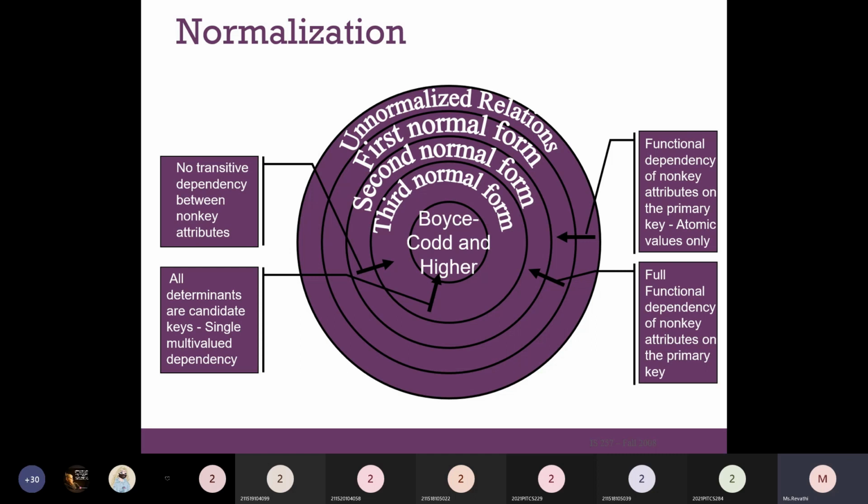Here the join consumes much processing time. To infer useful information from your relation, it takes more time as your relation is split into multiple tables, as the data of your database is split across multiple tables. So that's all about normalization and denormalization.